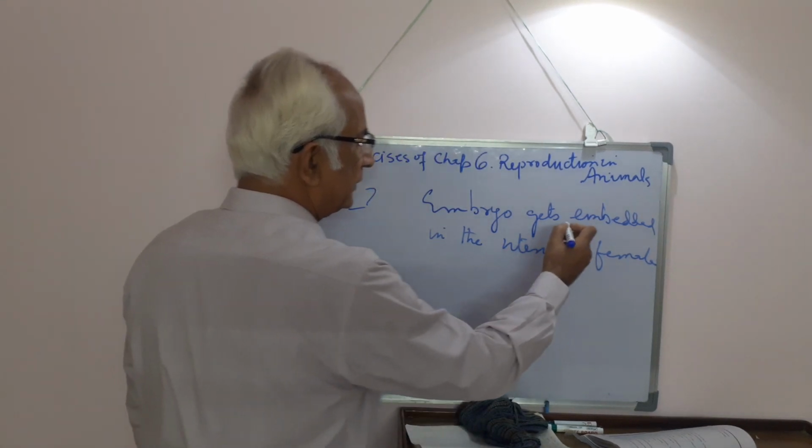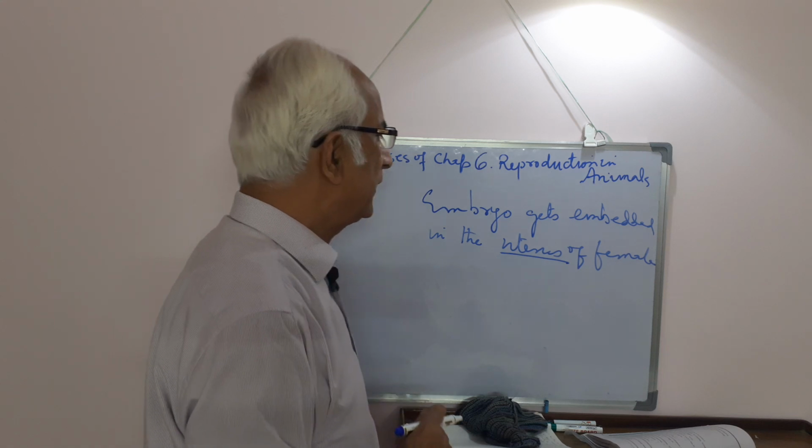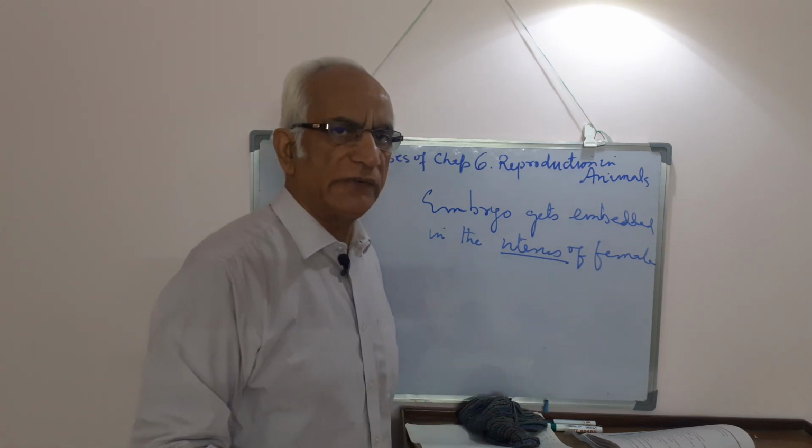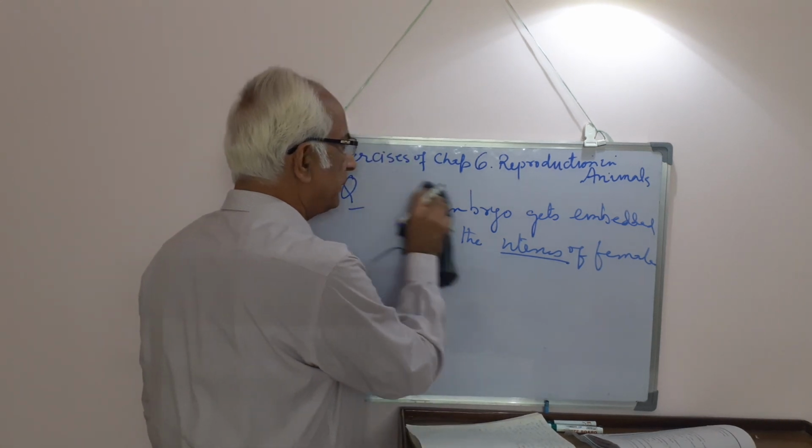This is the answer. Uterus is the part of the body where the embryo will get embedded, and that embryo will develop into fetus. So that is question number 7.